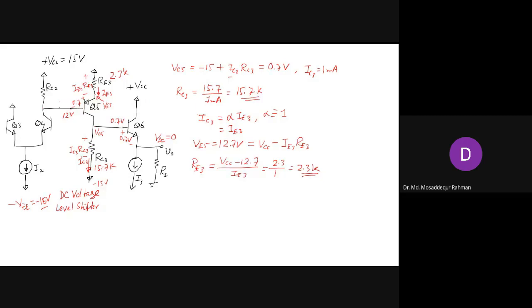So the voltage drop here will be 15.7 volt. So minus 15.7, and then you are going up by 15, and plus 15.7 will give you a 0.7 volt drop at this node of collector BC5, and then 0.7 drop here to make it 0. Is that clear, guys?